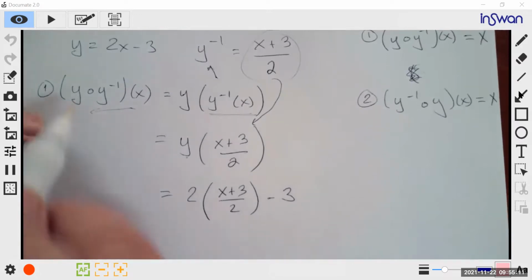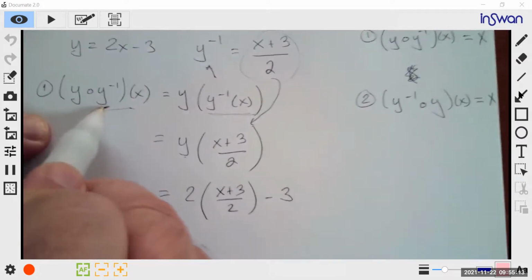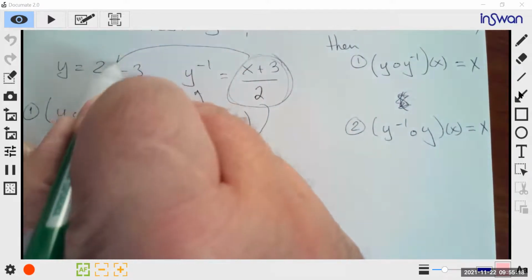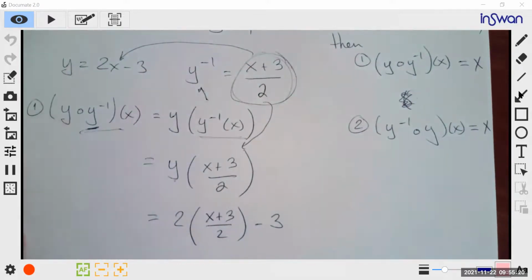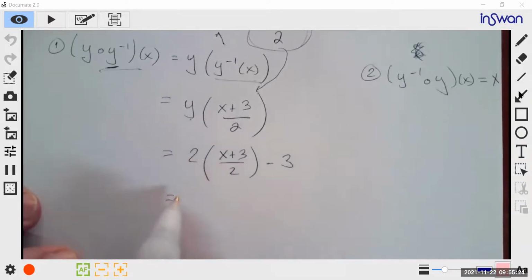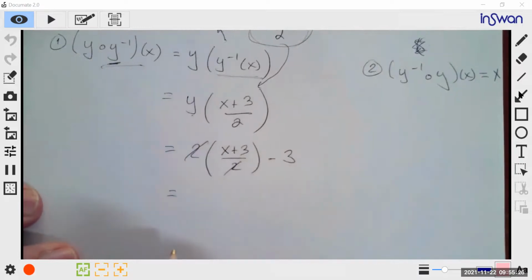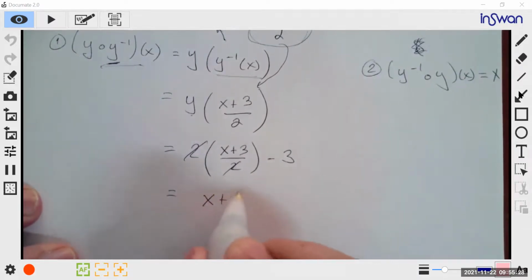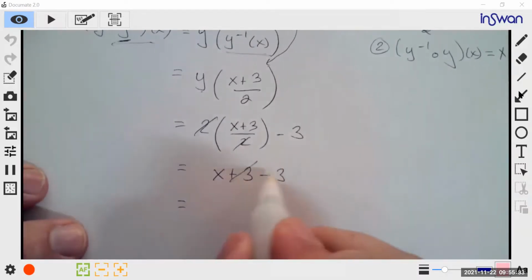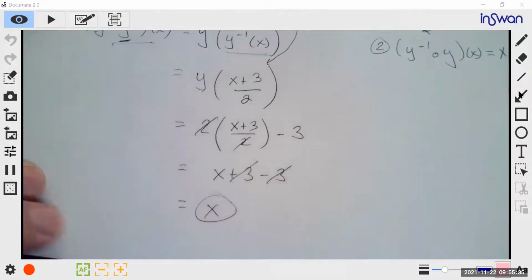Basically, all it's telling me to do is whatever's on the inside, that equation goes inside the outer function. That's all it does. So now let's simplify. 2 and 2 cancel, leaving us with x plus 3 minus 3. Plus 3 minus 3 cancel, we end up with x.